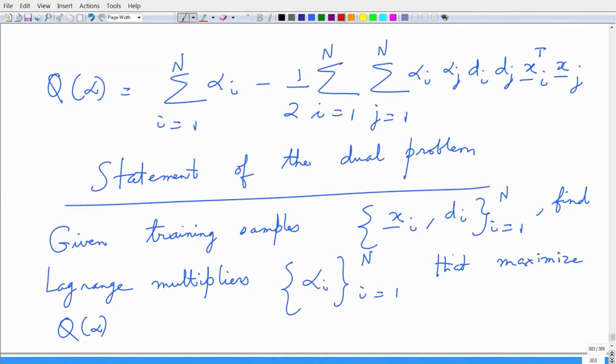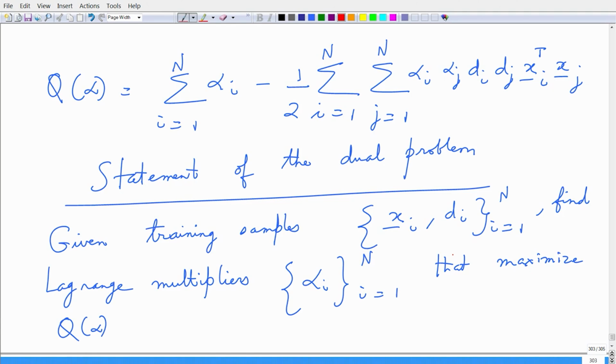It is interesting to note, while in the primal problem the Lagrangian was dependent on the weight vector, we have eliminated this weight vector in terms of the Lagrange multipliers alpha i and the training samples xi, di.